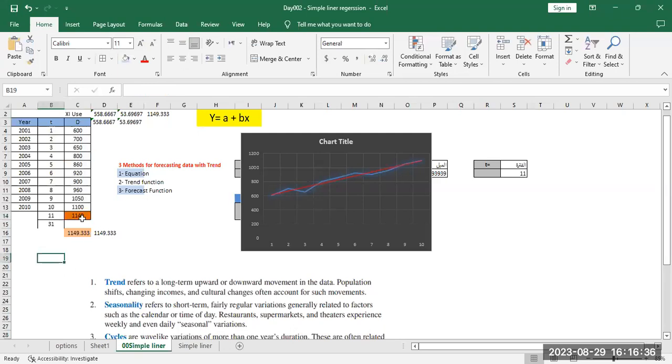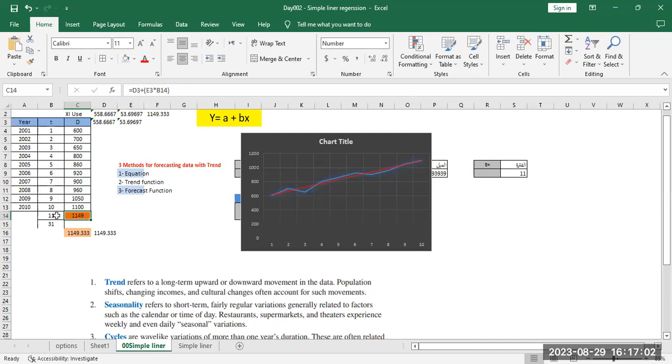Very simple. You have the functions and you get the required components or figures that you need, like a and b, and then you apply them. This is one of three options that you can use in order to make the forecast for this period.